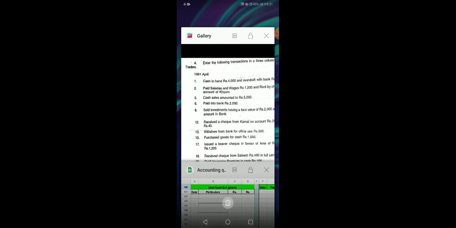Okay, what steps we have already decided. Here are raw data transactions in simple language. We will pick these transactions and convert them into journal over here, and then these journal entries would be posted in cash book. It may be possible all columns will be used, it may be possible one or two columns will be used accordingly.